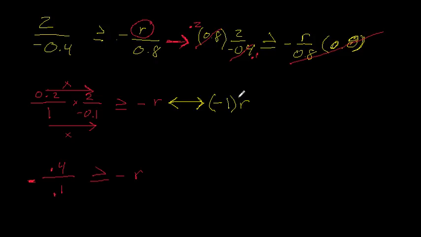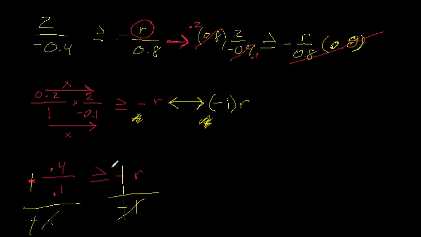How do you undo the multiplication? Well, you divide both sides. Working down here, divide both sides by negative 1, which will undo the negative symbols on both sides.